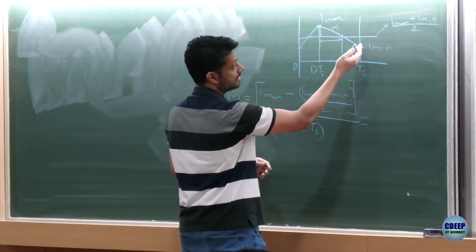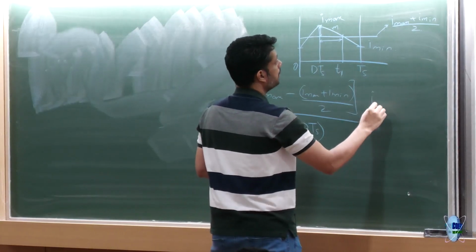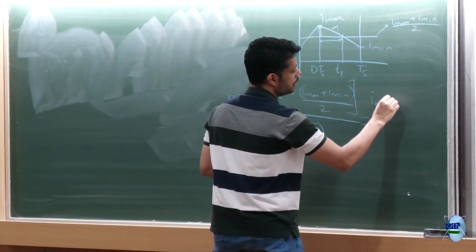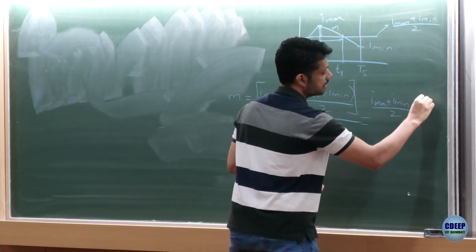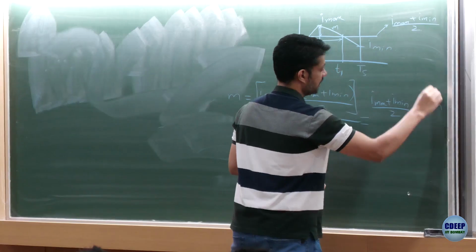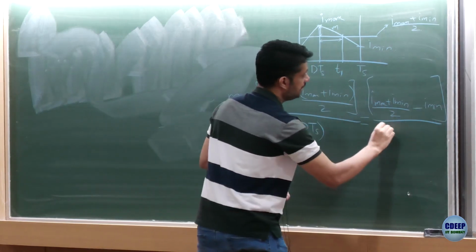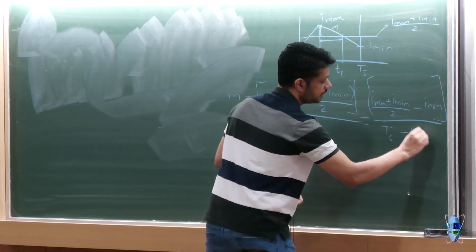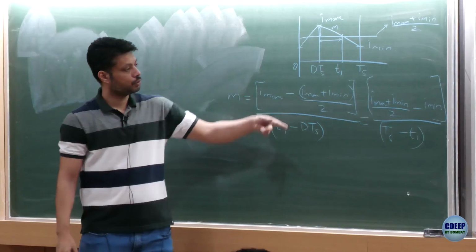So this is the same as what we have on the right side, which is ((I max plus I min) by 2 minus I min) upon (Ts minus T1), right. So if you solve it, you would get the same answer.